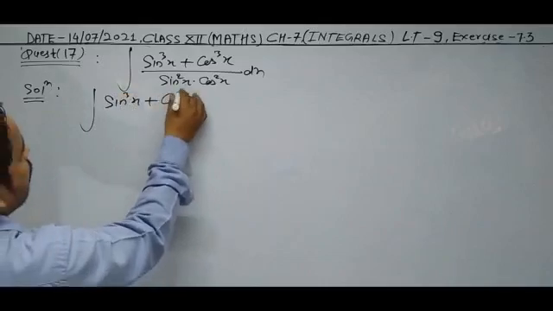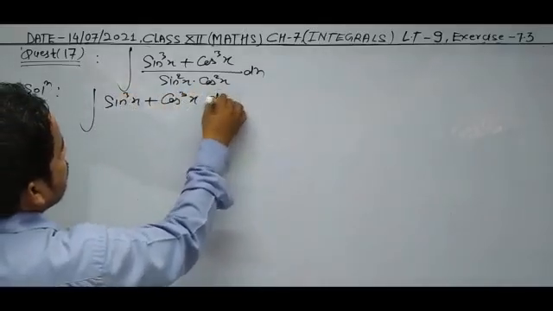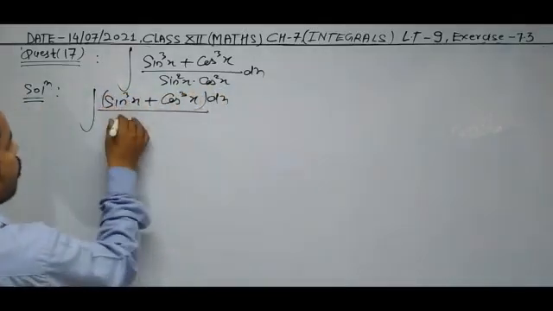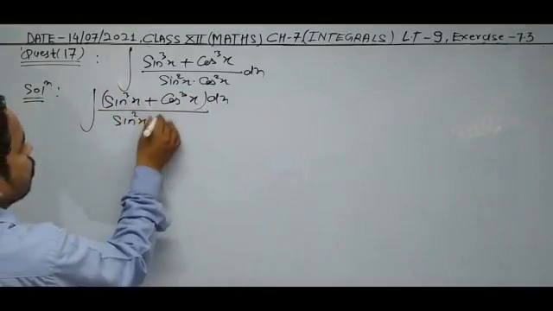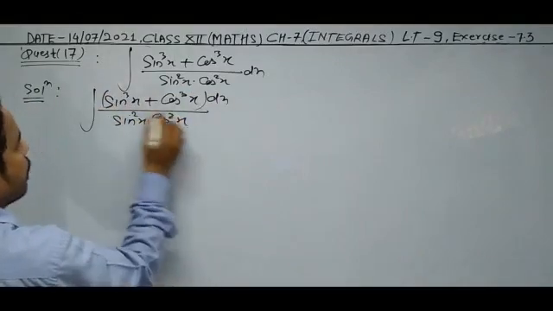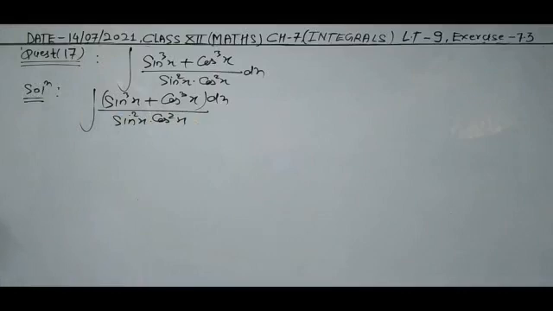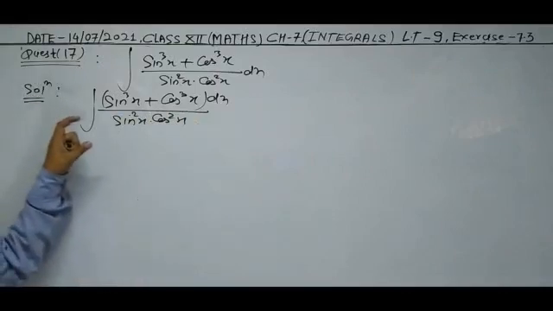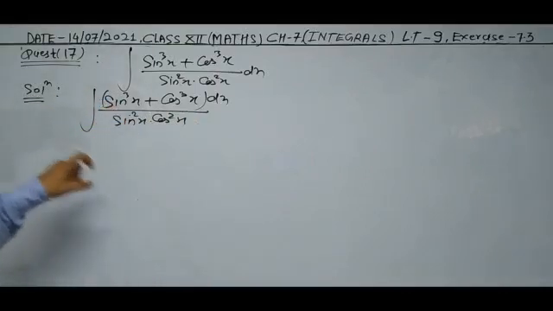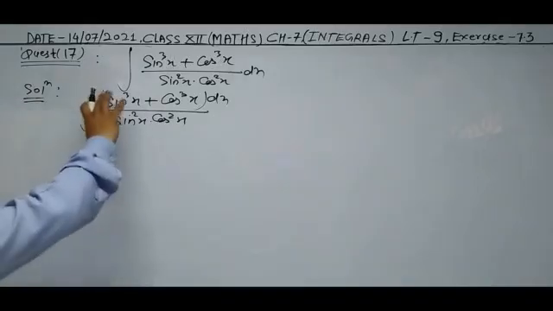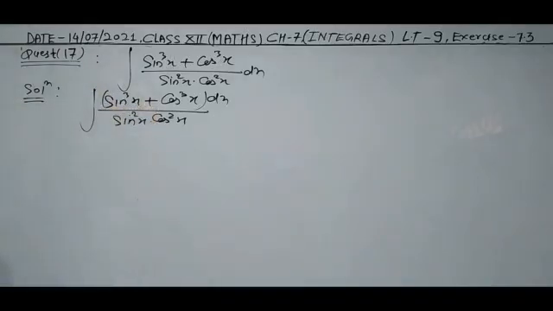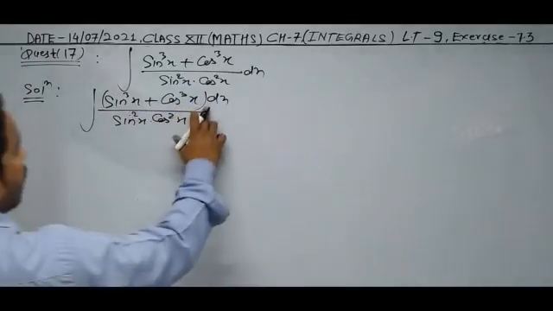Sine cube x plus cos cube x dx whole upon sine square x into cos square x. It is also the expression of class 12th you have already discussed or studied, we have to prove something in class 11th.